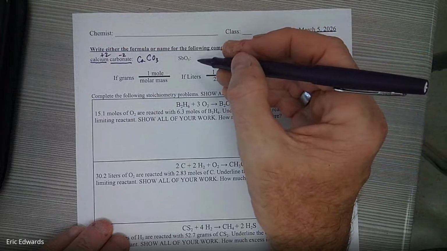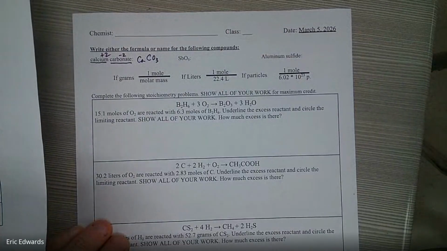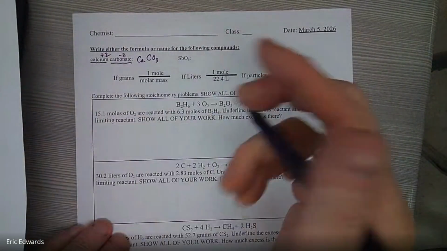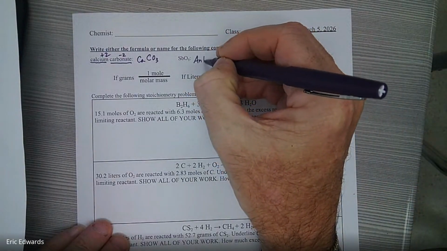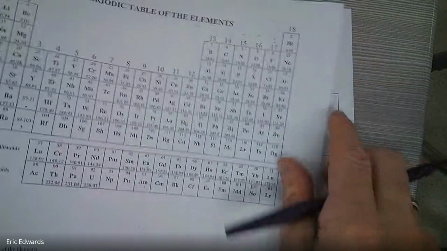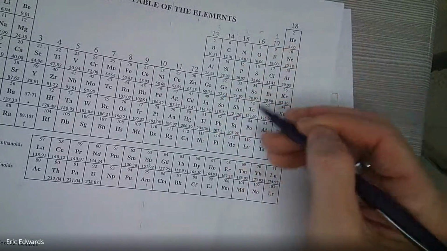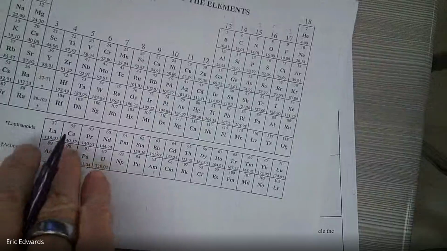All right, the next thing is Sb. Ooh, Sb is one of those weird ones. I don't have the name of it here, but Sb is called antimony. And it is in that area that we're going to now do prefixes for instead of charges.